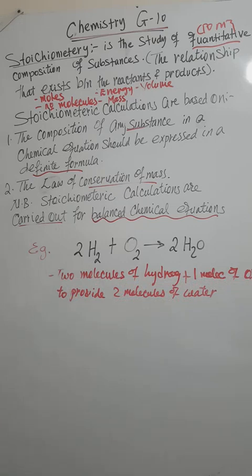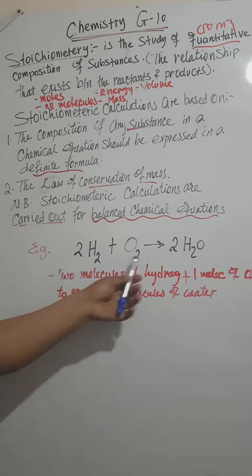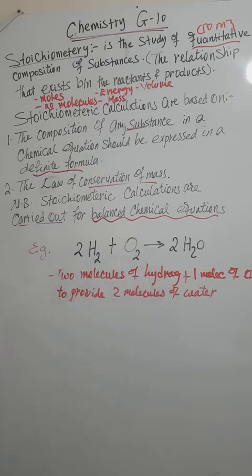This is what we can understand stoichiometrically from this equation. That is one. What else can we understand, still in terms of amount?